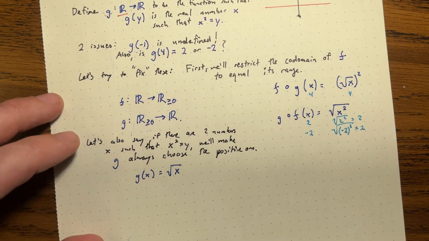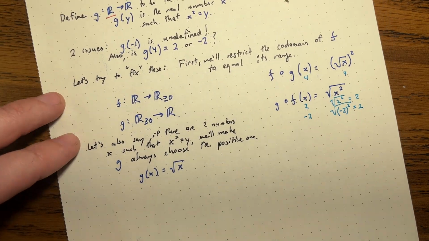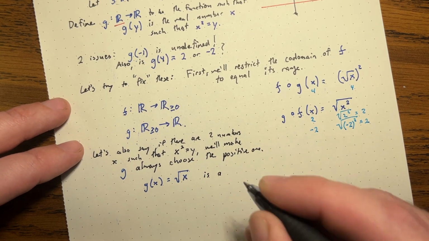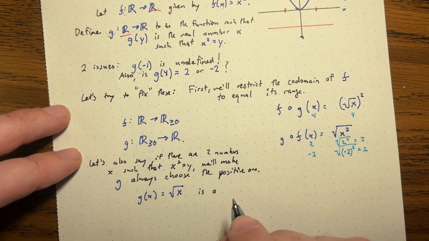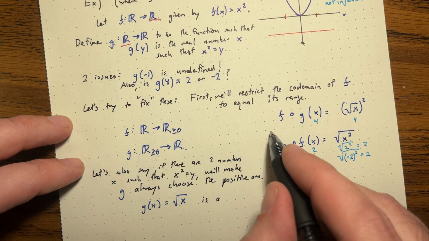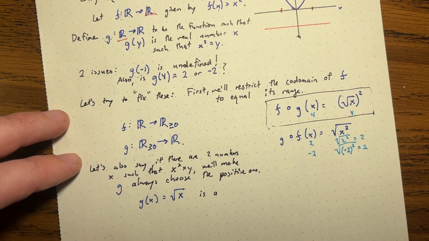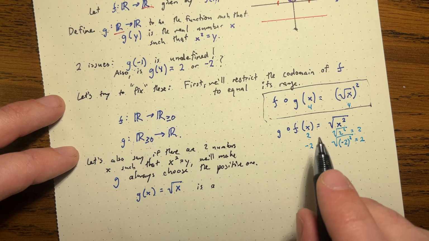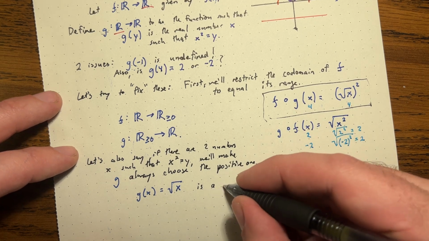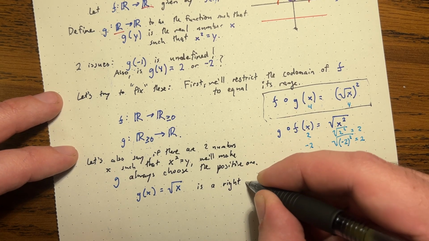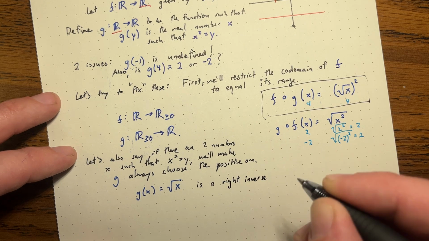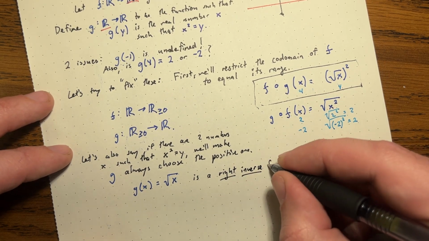So here's what we would say, actually. This first one is always satisfied, it turns out. You can really convince yourself. This is what's called a right inverse for f. It's a right inverse for f.